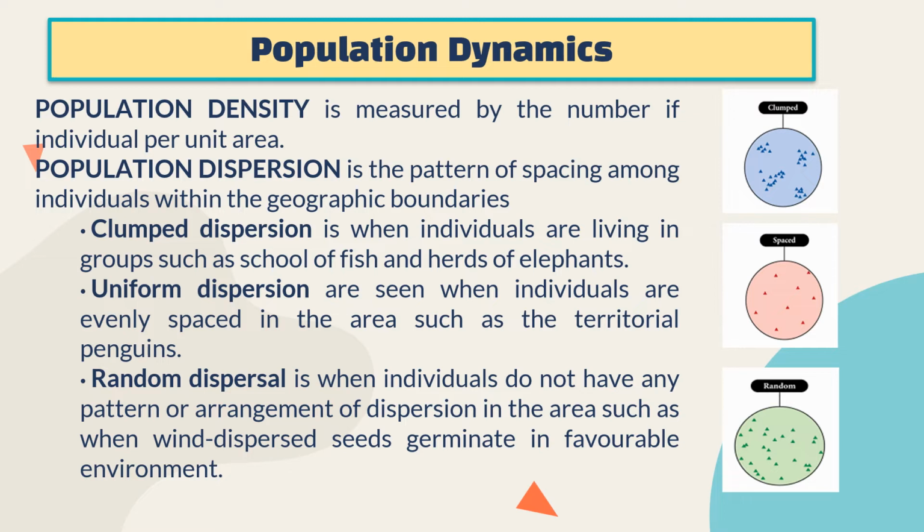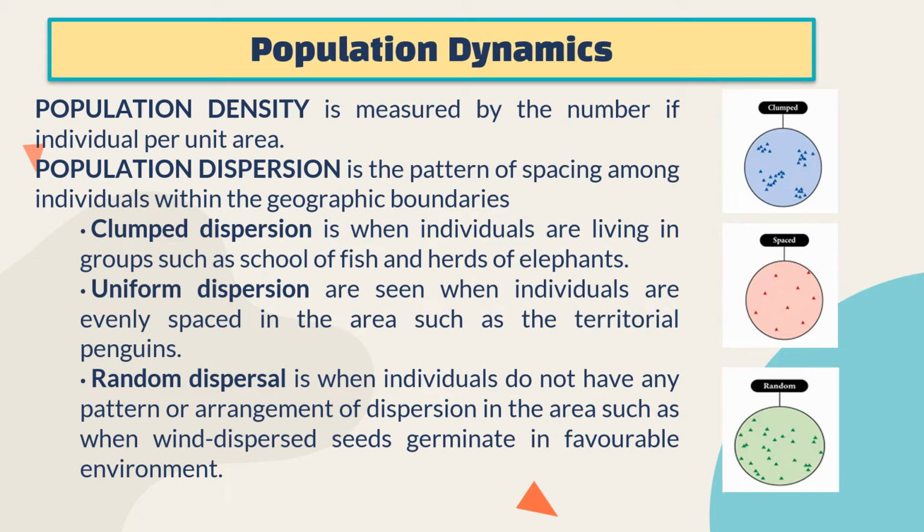Okay, we have here the population dynamics. The population is characterized by the interaction of individuals with their environment. It is characterized by size, density, dispersal, emigration, births, deaths, and survivorship.